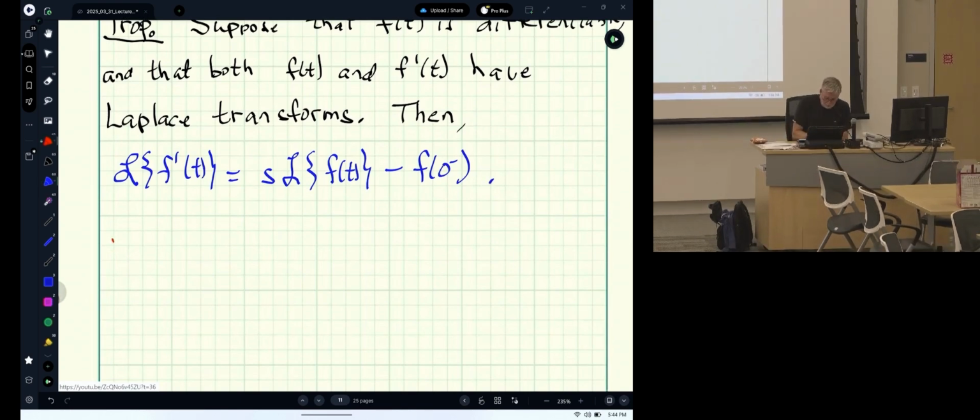Okay, small little remark. This is just notation. We often write capital F of s for the Laplace transform of a function.